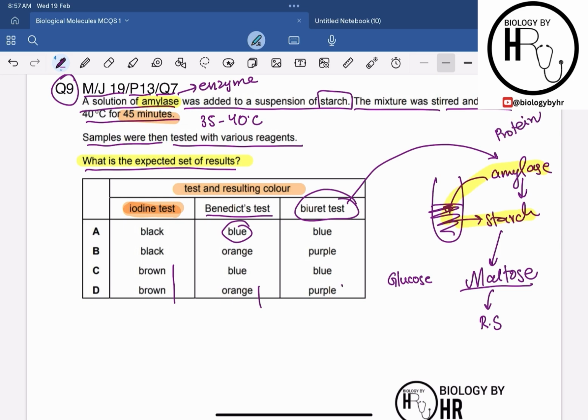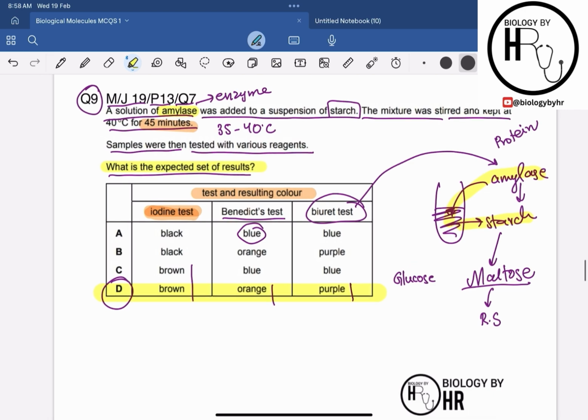So protein is present in the suspension, hence the color change would be purple. The Biuret solution may change its color from blue to purple, hence the correct answer for this MCQ is option D over here. I hope that this MCQ is clear to all of you.